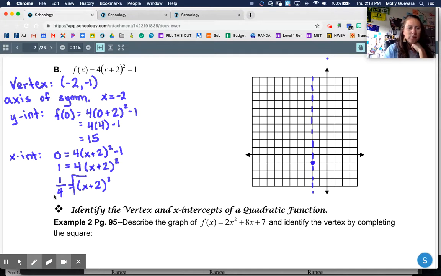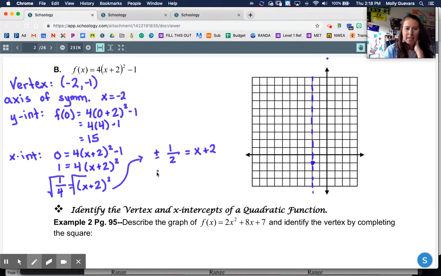Okay, and then when I square root and square root, people were asking me, how do I square root a fraction? Well, first of all, I know I'm going to get plus or minus, so I'm going to go ahead and do that. When we square root the top, the square root of 1 is 1, and then we square root the bottom. The square root of 4 is 2. So nice and simple there.